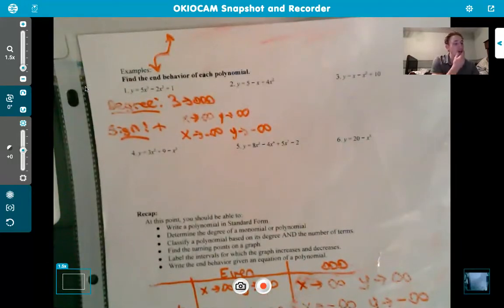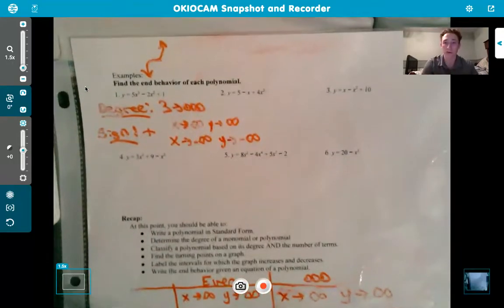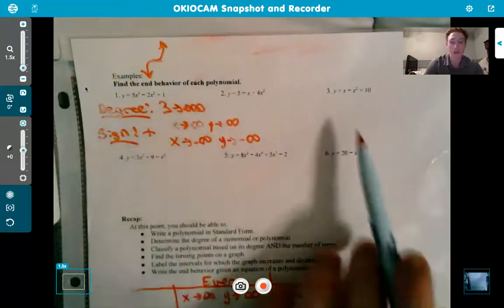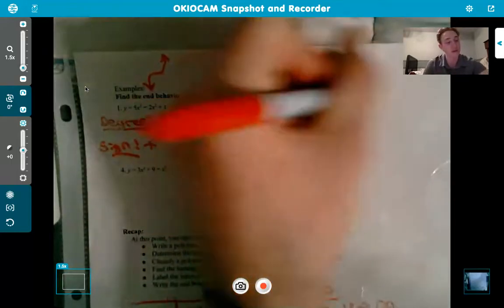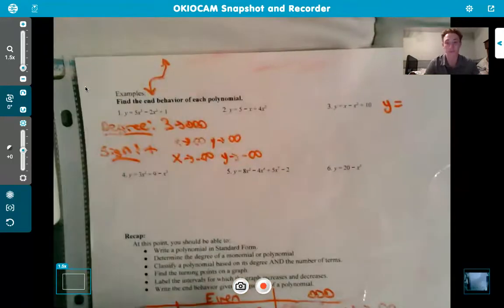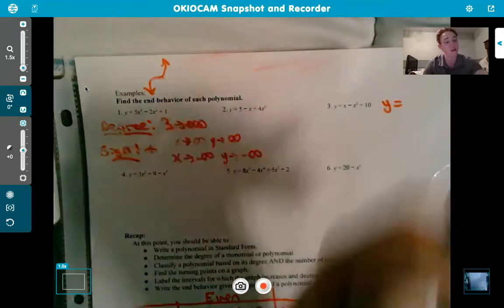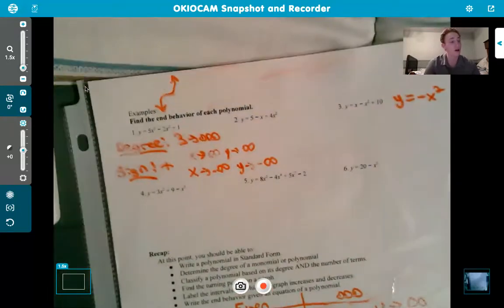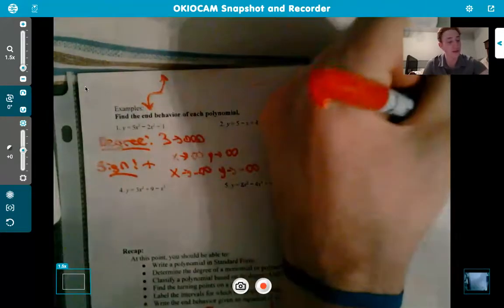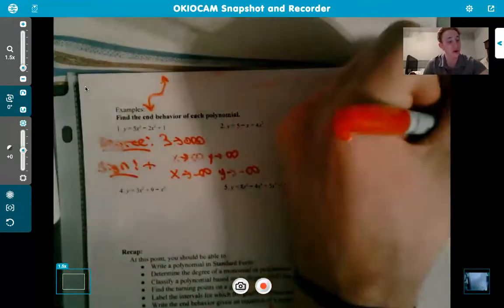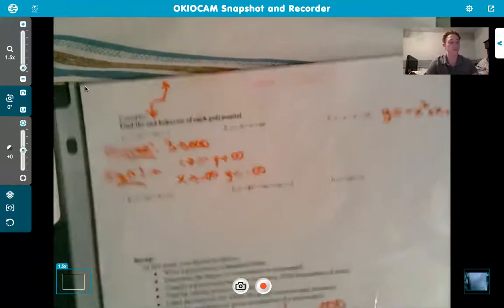Let's take a look at maybe example 3. We'll pop over to example 3. The reason I want to take a look at this is, first off, it's not written in standard form, right? I want to write it in descending order based off of exponent. So I'm going to rewrite this as y is equal to, my highest exponent's at x squared, I have a negative x squared, followed by a plus x, followed by a plus 10, okay?